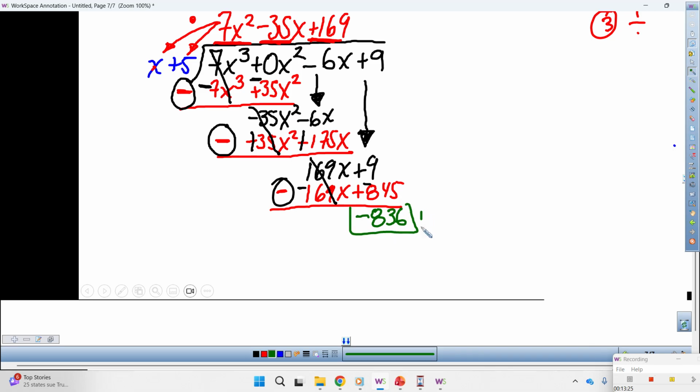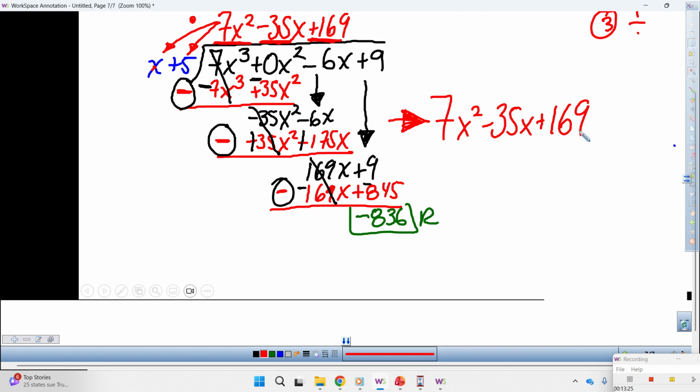Is that correct? And that is my remainder. So you're like, wait a minute, Mr. Q, this time we got a remainder. Of course. However, if I was to ask you right away, what is the solution? You're going to say 7x squared minus 35x plus 169. Is that correct?